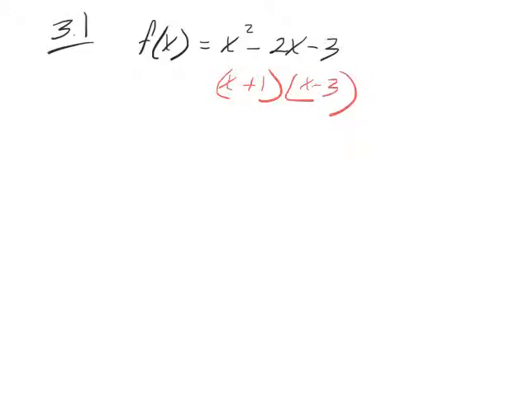So your x values, or your zeros then, would be negative 1 and 3. Our x-intercepts would be (negative 1, 0) and (3, 0).